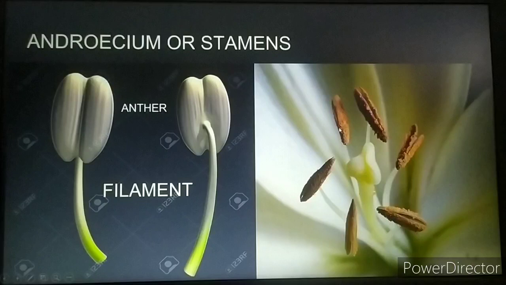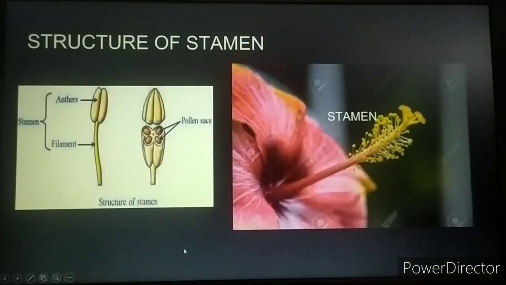These pollen grains are very small in size, but they take part in reproduction. It is the pollen grains only which produce the male gametes or the male reproductive cells.